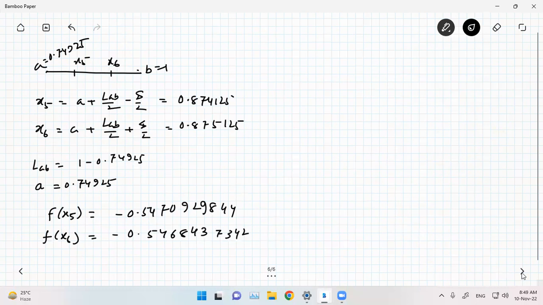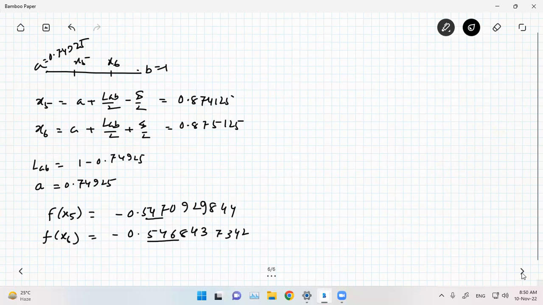So now which value is higher? 547 and 546.